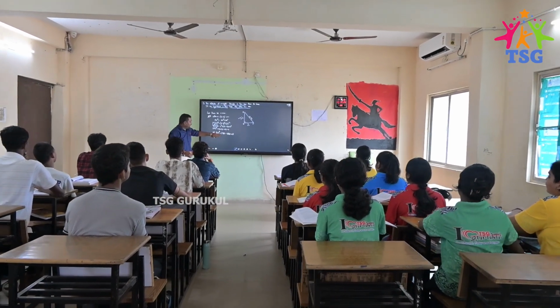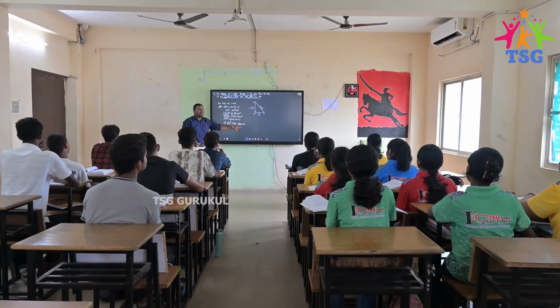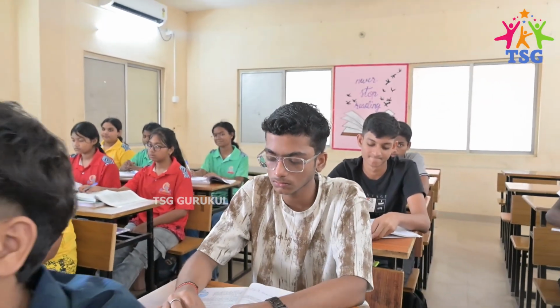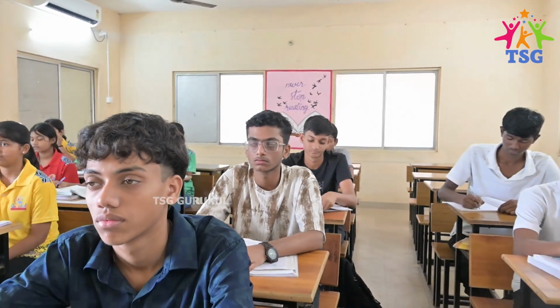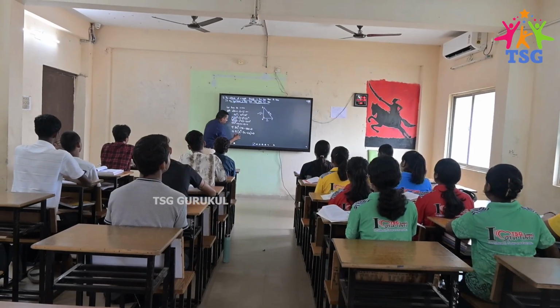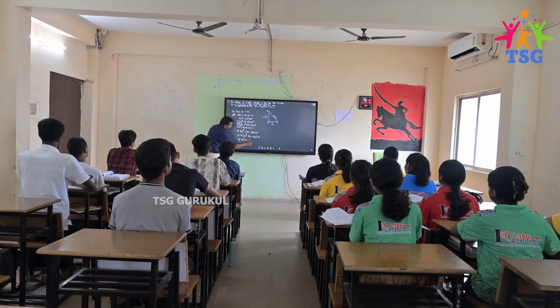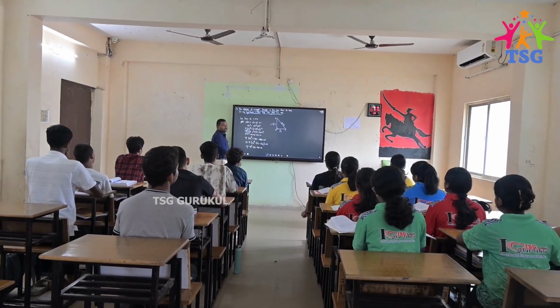So 2x square minus 14x minus 120 is equal to 0. Each term divided by 2, yes or no? That's why we can take common 2. The rest will be x square minus 7x minus 60 is equal to 0.